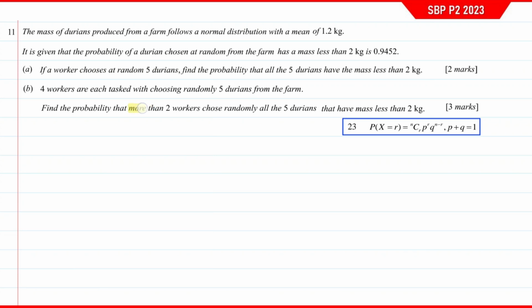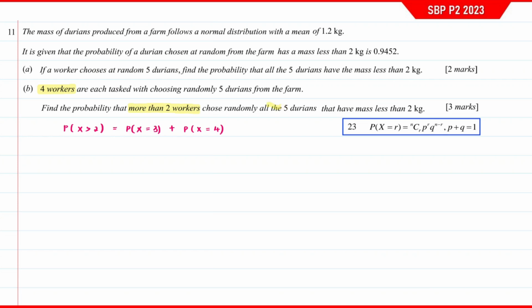Here it is stated more than 2 workers out of 4 workers, which means either 3 workers or 4 workers. So the probability that we want to find is for workers more than 2, which is P(X > 2). This is equal to either 3 workers, P(X = 3), or 4 workers, P(X = 4).